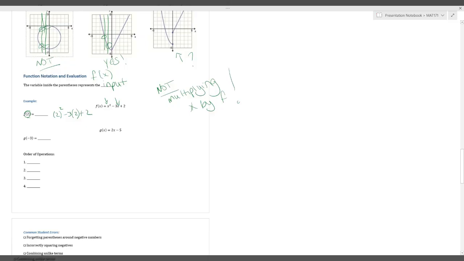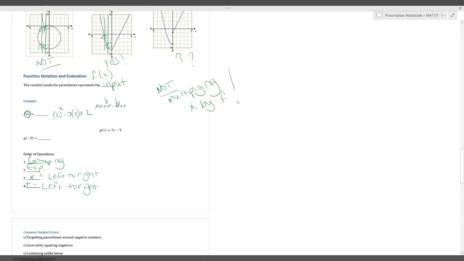And we need to remember our order of operations. We do grouping, we do exponents, we do multiplication and division, left to right. We do addition and subtraction, left to right.